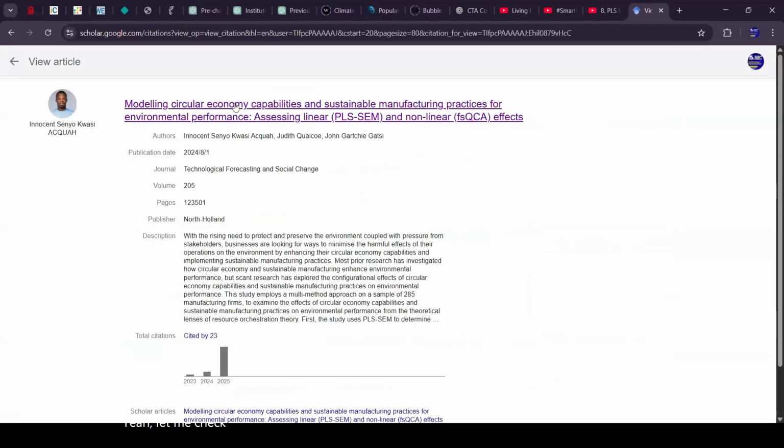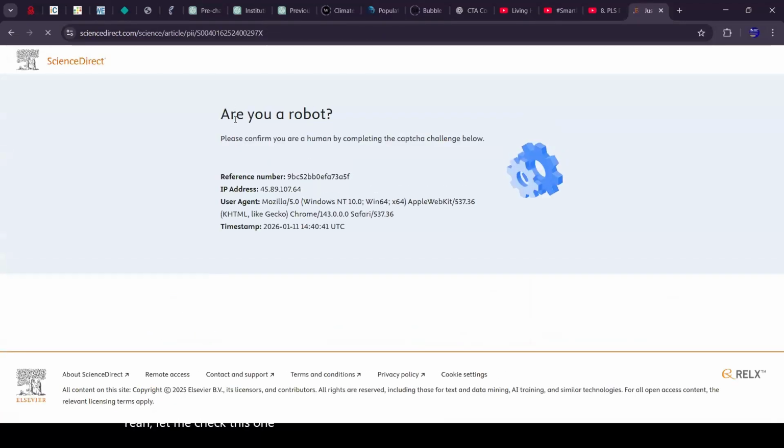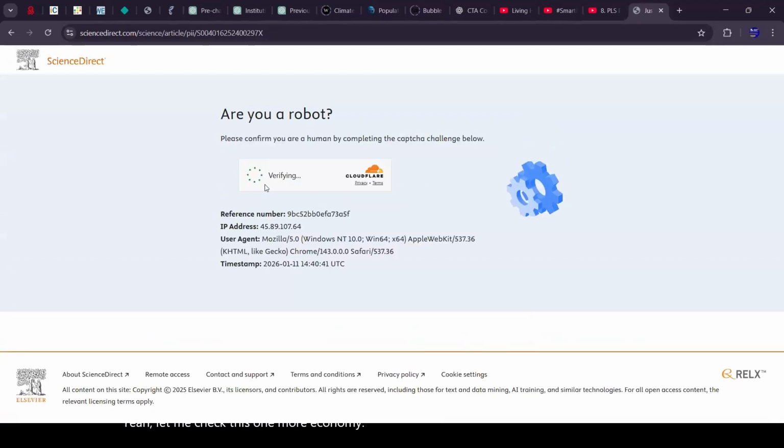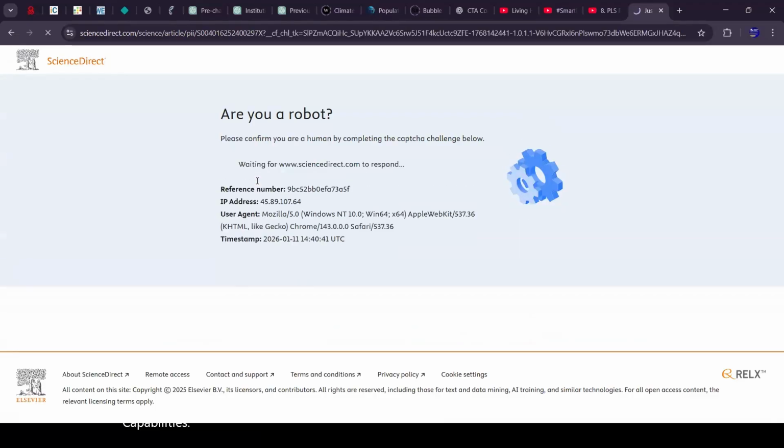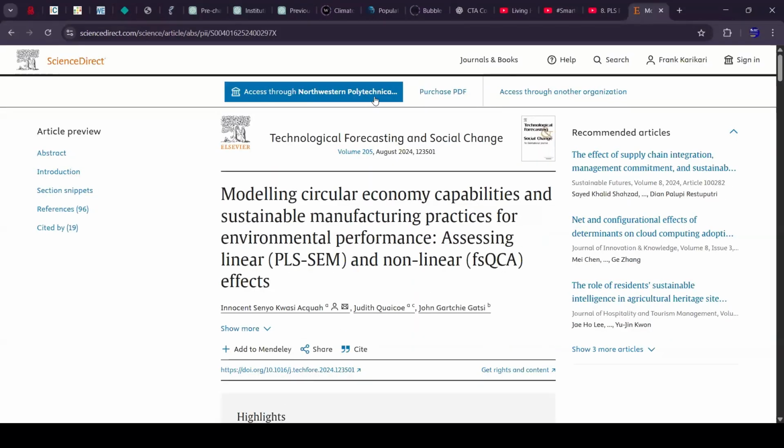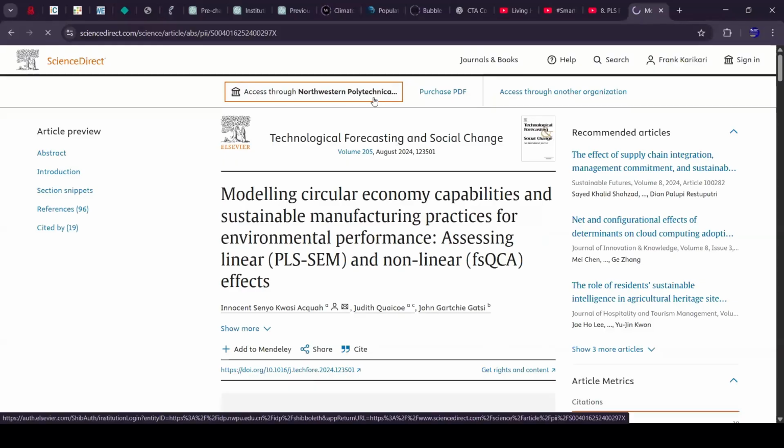Modeling circular economy capabilities. So in this paper, he was looking at modeling circular economy.